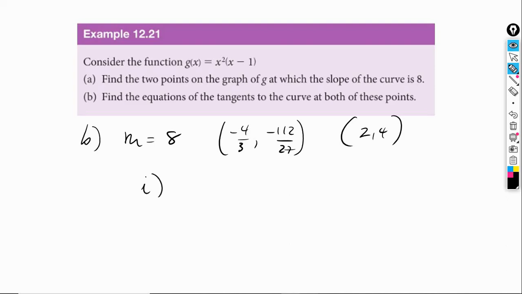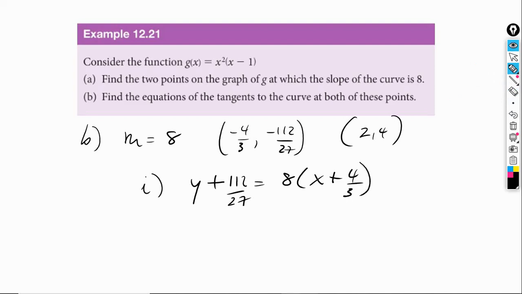So using the point slope formula, the first equation would be y minus y1, so y plus 4/3 is equal to 8 times x minus... so x plus, oh, I'm doing it backwards. y is not 4/3, y is negative 112/27, so this is going to be y plus 112 over 27, and then x plus 4/3.